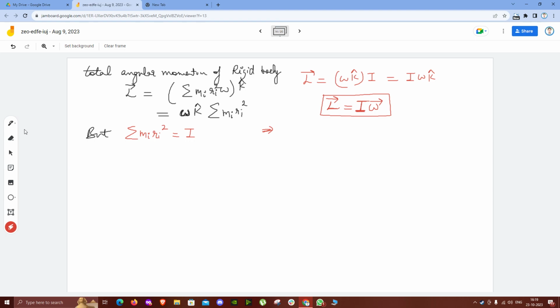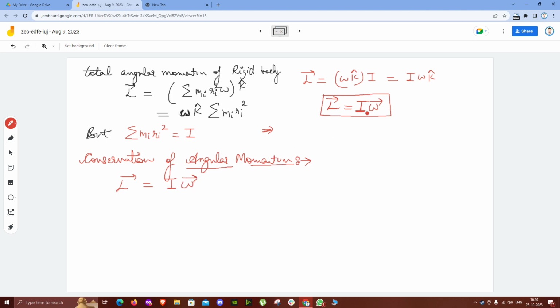Now let's understand the conservation of angular momentum. What does that really mean in the case of a rigid body? If someone asks you to derive it and write it in mathematical form, you can use this. We already know that L is equal to I omega, which we have derived.